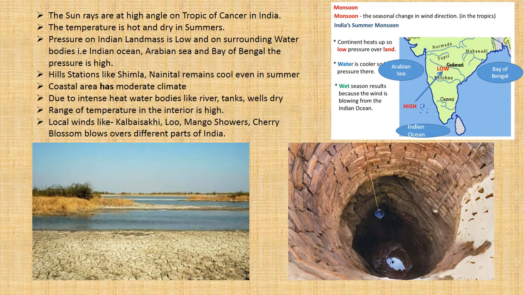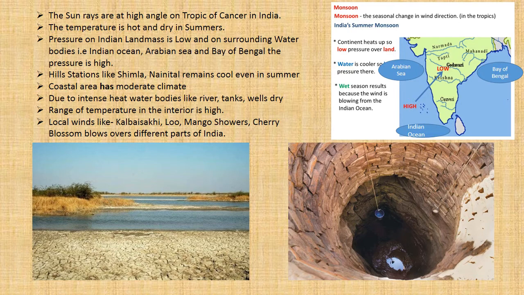Due to intense heat, all the water bodies over the land mass dry. The rivers dry, the wells dry, the tanks dry, and there is intense hot and dry climate all over the country.